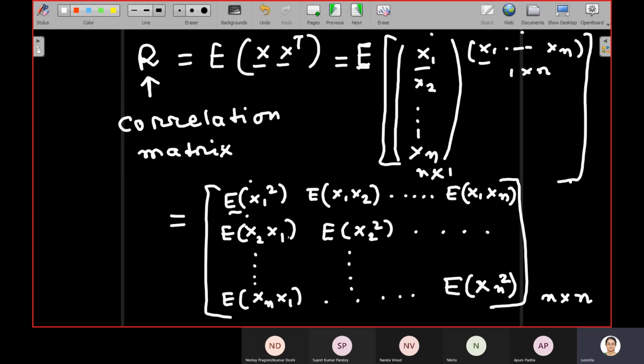This we know. For this expectation operator, we'll just use the PDF of x1. To evaluate this one, we need to use the joint PDF of x1 and x2, because the moment we have an expectation operator, we need a PDF. Since we have two random variables, it has to be a double integration, and the corresponding PDF has to be the joint PDF of the two random variables. So here we need x1, x2, here we need x1 and xn, like that.